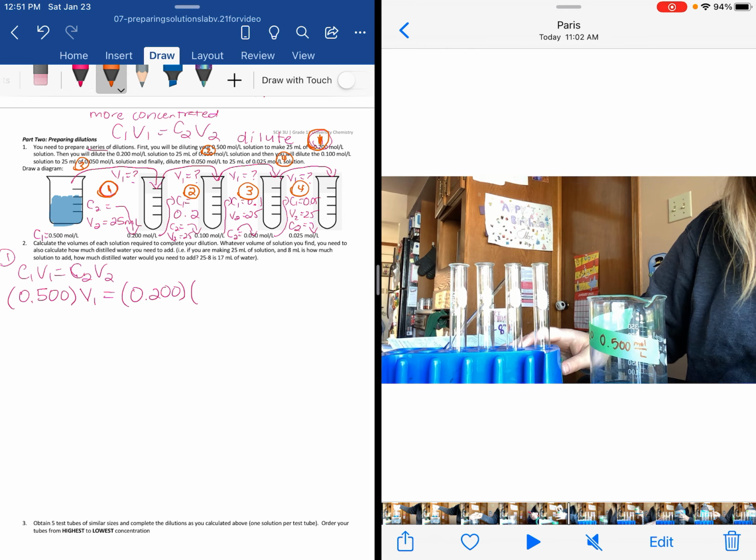So what I'm going to do is write that over here, dividing to change it to liters. So the math you're going to do every single time is divide by C1, like the V1 is your X.